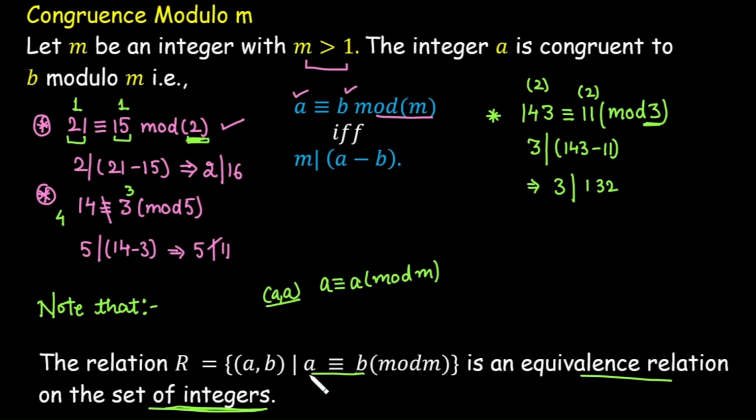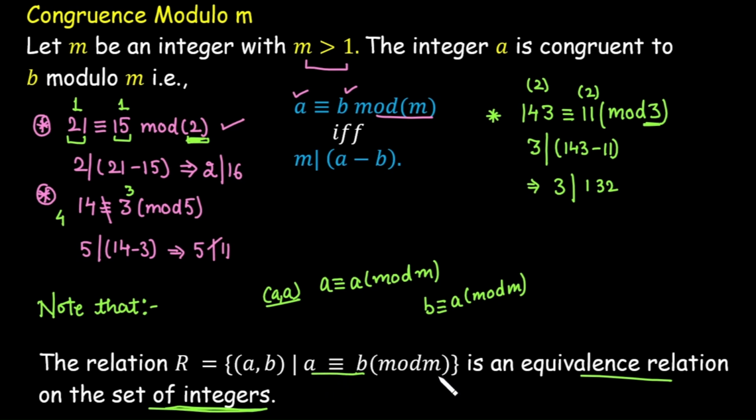Now for the symmetric, if A is congruent to B mod M, and if I write B is congruent to A mod M, check whether the remainder is same or not.